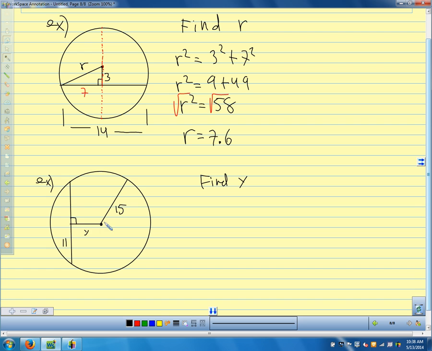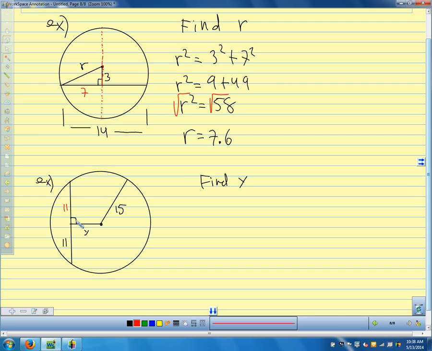We know that this is a piece of the diameter, so if this is 11, how big is this side? 11, those have to be the same. Because this is a piece of diameter, it bisects this, so each of those pieces is the same. I need a triangle to use the Pythagorean theorem if I'm going to use this 90-degree angle. What would be a nice way to draw a triangle?